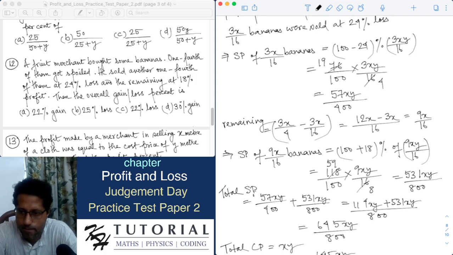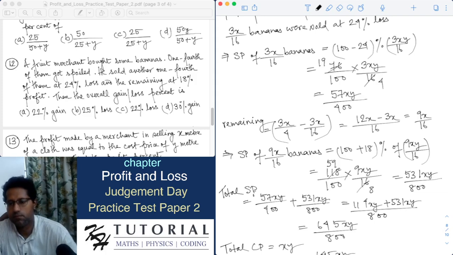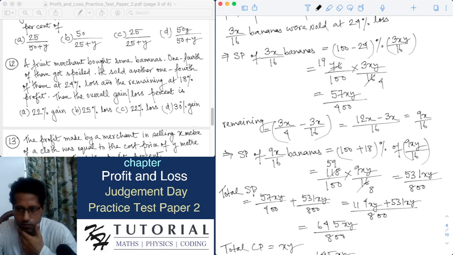If we divide by 2, this gives 531xy by 800.